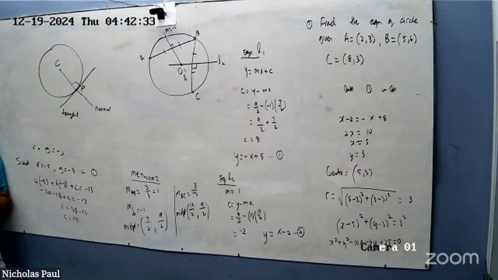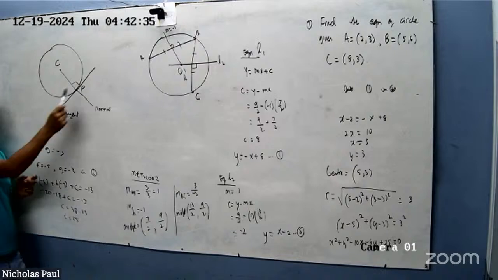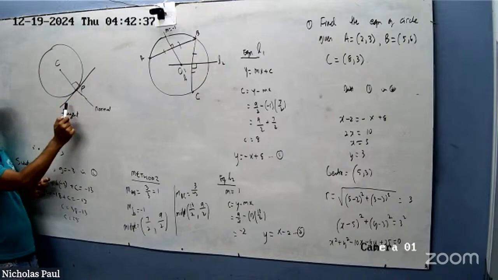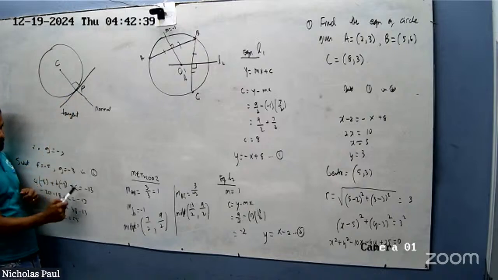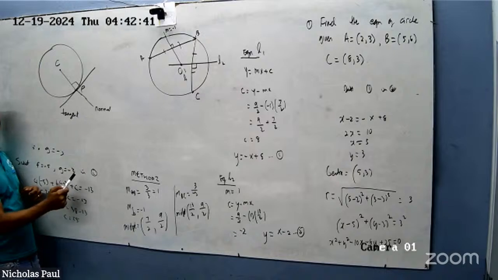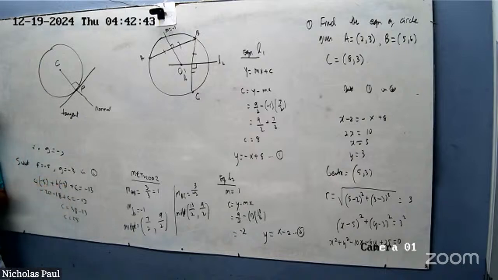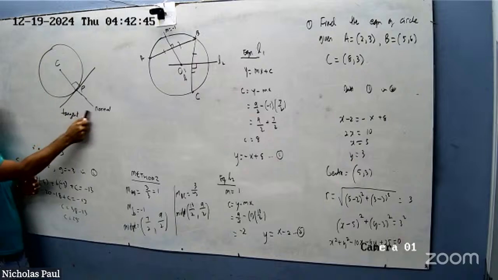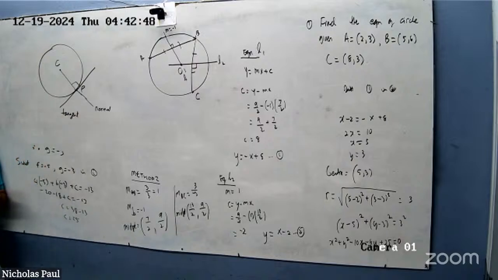The gradient, and put it into what? The equation of the line, right? And how do you get the equation of the normal? This is the radius, the equation of the radius.